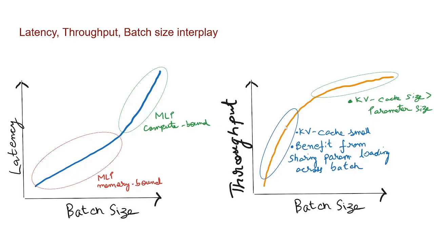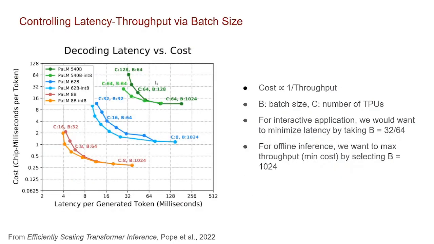So the throughput increases with the batch size, but only up to a point, and afterward it plateaus, because as the batch size increases, the total KV cache size also becomes quite large, and so that starts in a way dominating. So with increasing batch size, we can only increase throughput, and we have diminishing returns on that.